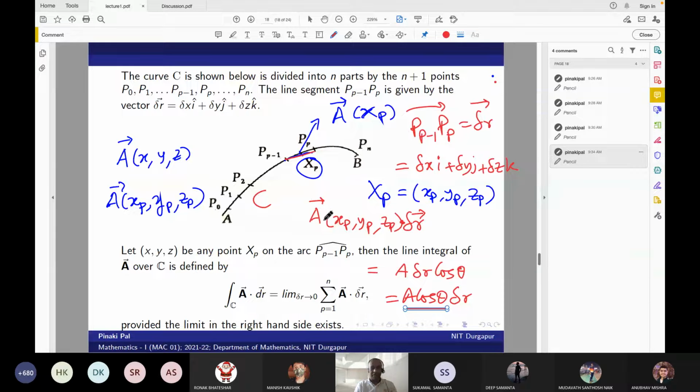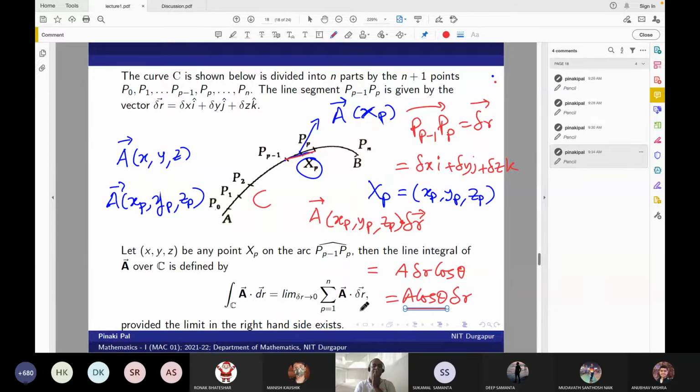And if A is equal to 1, the scalar function 1, then probably you will get 1.